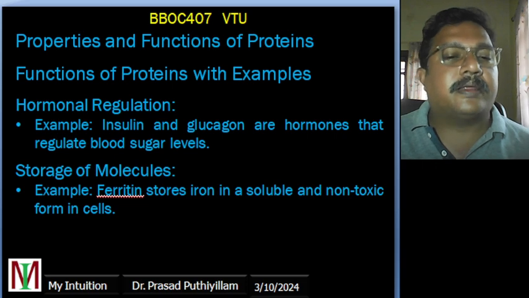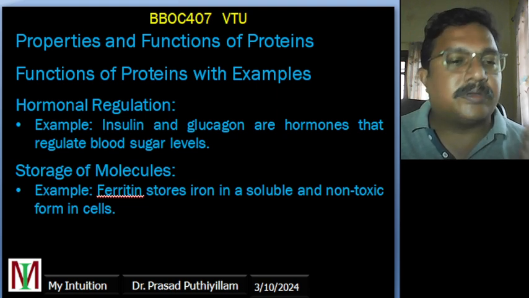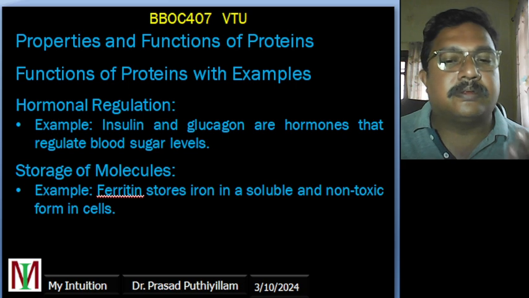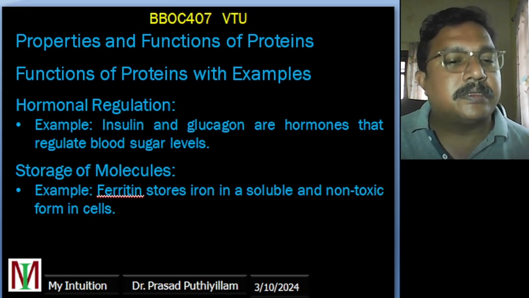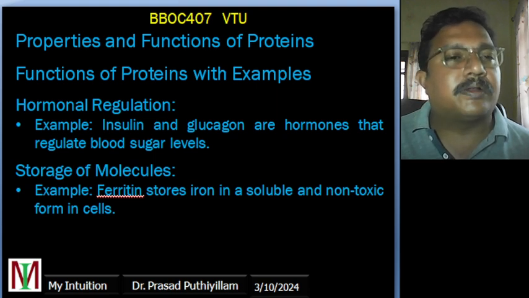Insulin is a protein which acts like a messenger, telling our cells to absorb glucose from the blood for energy. And glucagon is another protein which stimulates the release of stored glucose from the liver when blood sugar level drops.